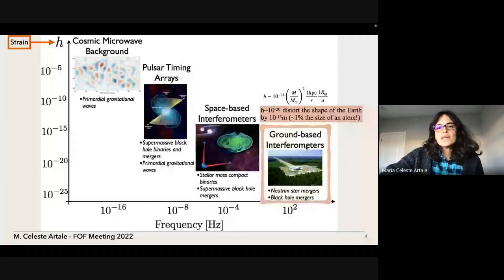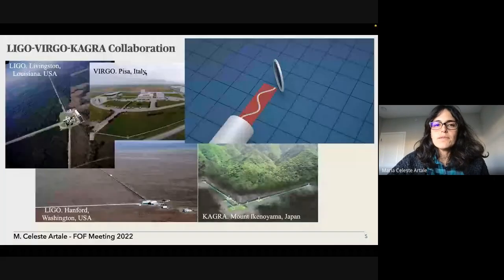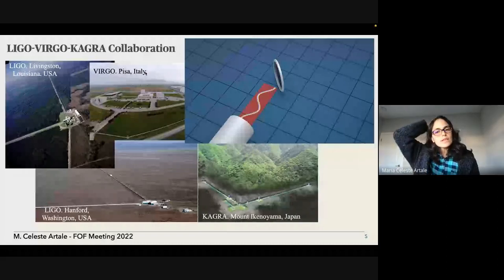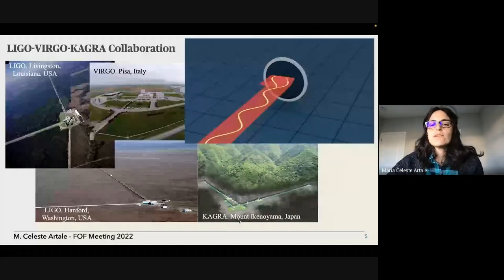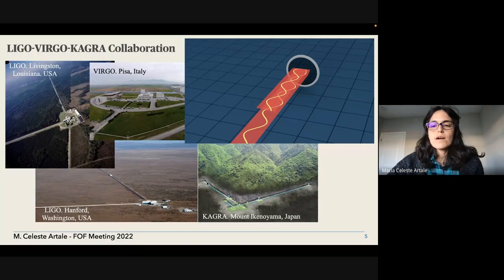So nowadays, as I mentioned, we have two interferometers, LIGO in Livingston and Hanford in the US. We have Virgo in Italy, in Pisa, and recently the KAGRA interferometer, which is the first one that is underground, started to work.